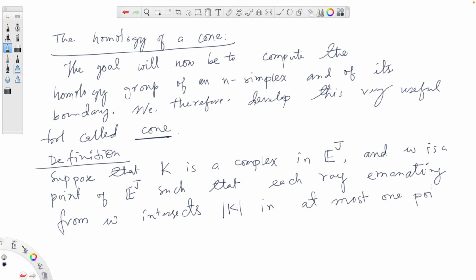A ray may not intersect this topological space at all. There is no harm with that. But if it intersects, it intersects it at most at a point. That's the thing.